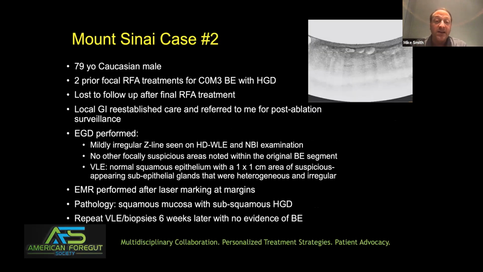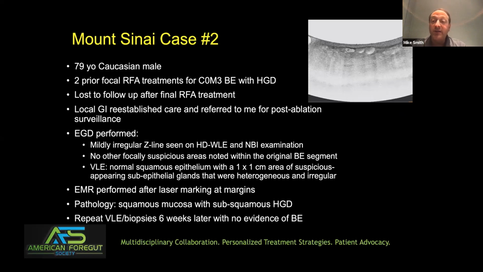And here's a second case, a very nice case with C0M3 Barrett's that was ablated very well with radiofrequency ablation. After 2 treatments, visually completely normal looking endoscopy, a mildly irregular Z-line if anything, but of course a Z-line is supposed to be irregular, that's why we call it a Z-line. No other focally suspicious areas on white light or on NBI.